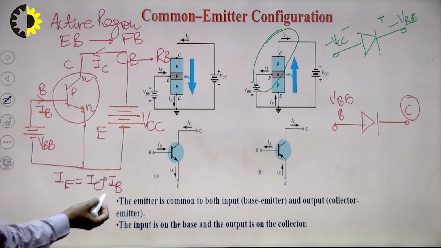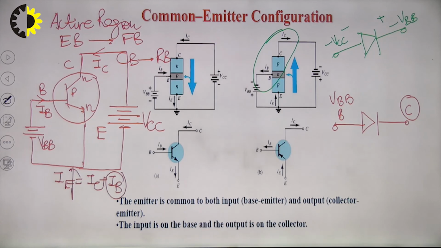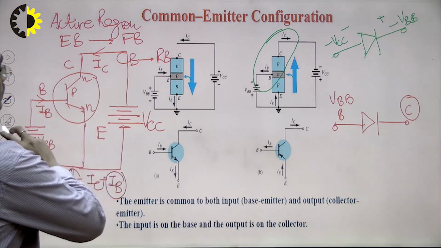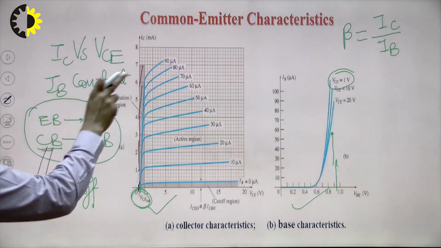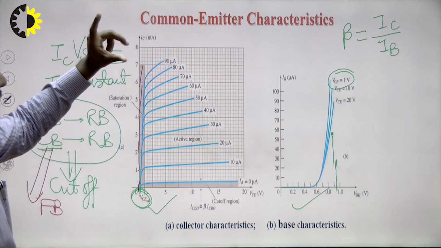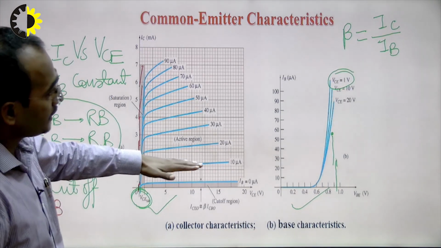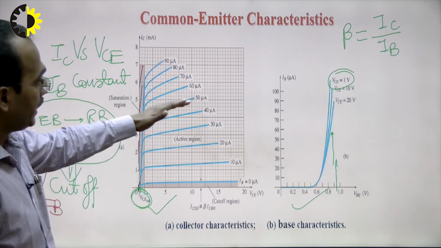So by increasing the base current, this ammeter current will increase. The gain of the circuit is given by IC equal to beta IB, so the base current is multiplied by the gain of the circuit. So by increasing the base current, the collector current will increase.